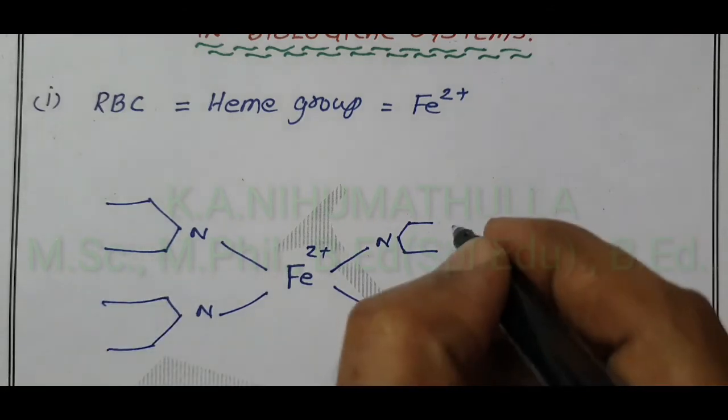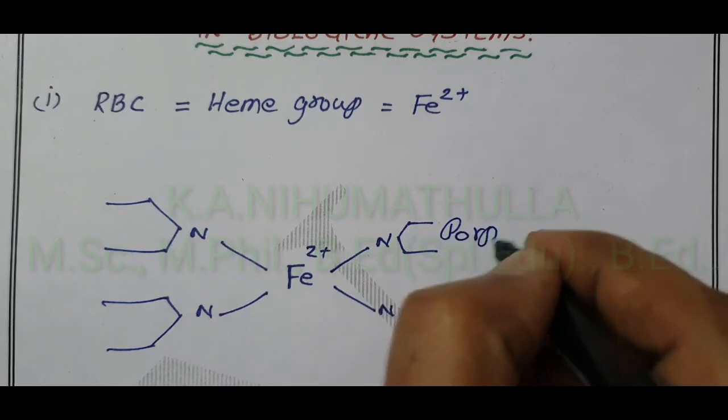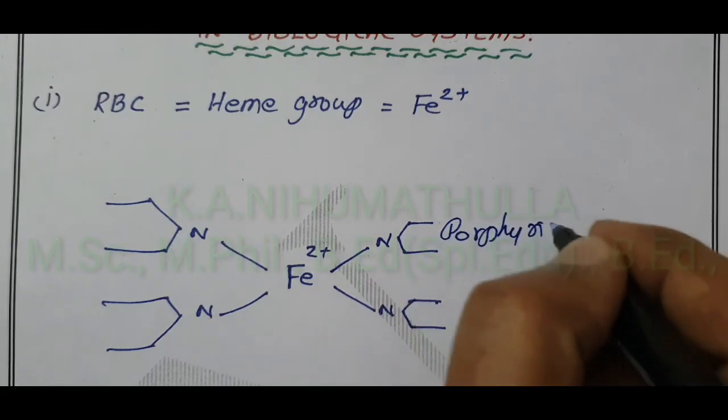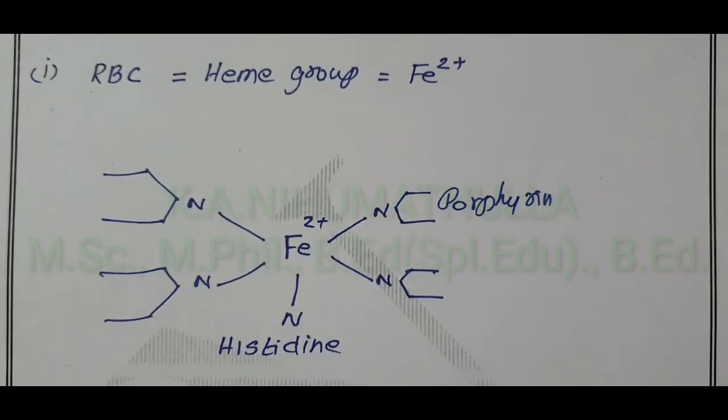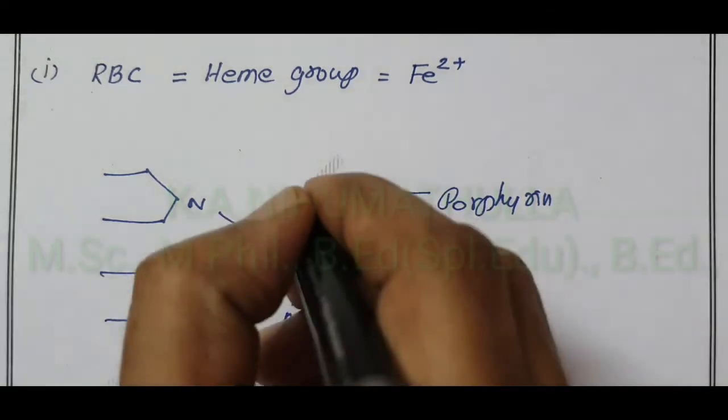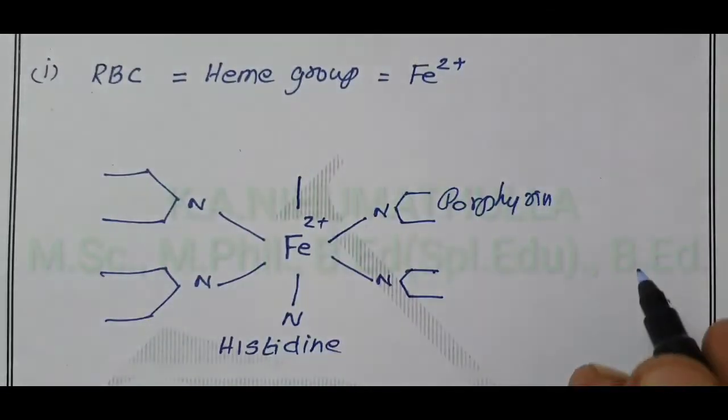This ring structure is the porphyrin ring structure. The 5th bond is occupied by nitrogen of the histidine amino acid. The 6th bond is vacant.